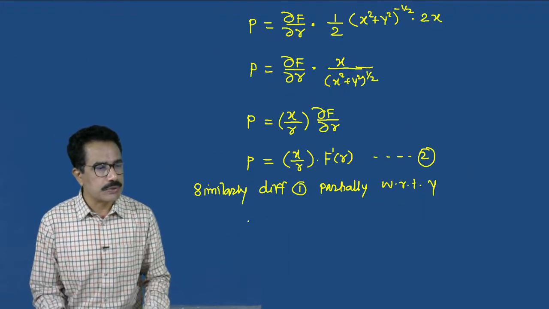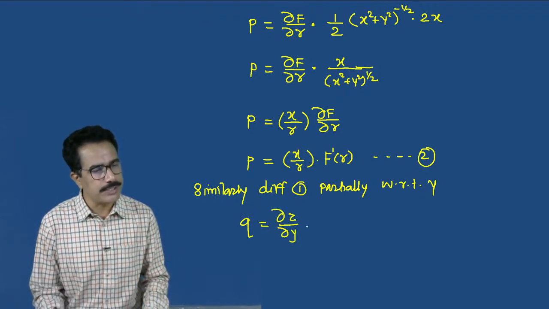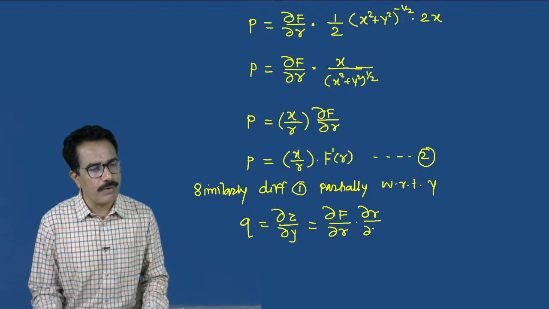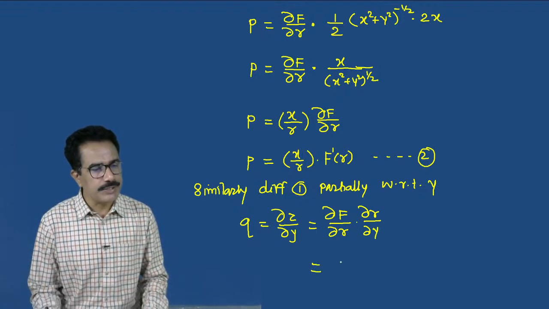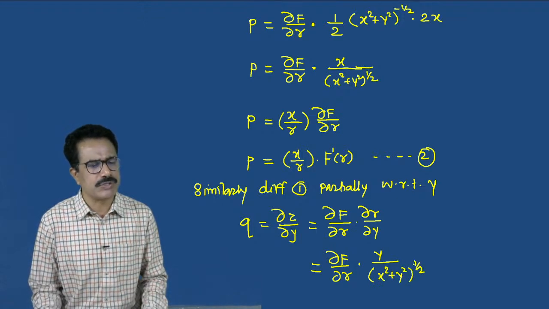q is equals to dou z by dou y, which is equals to dou f by dou r into dou r bar by dou y. So it is denoted by dou f by dou r into y divided by (x square plus y square) bracket raised to 1 by 2.